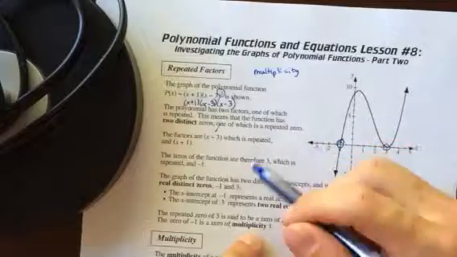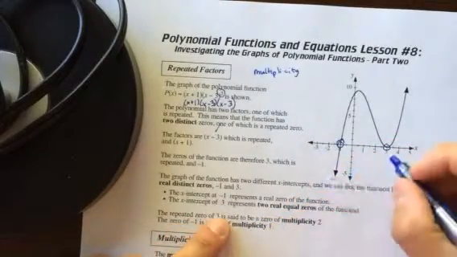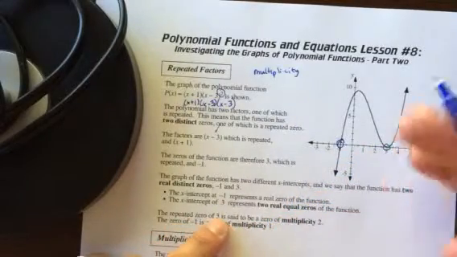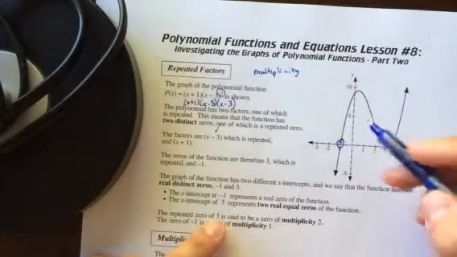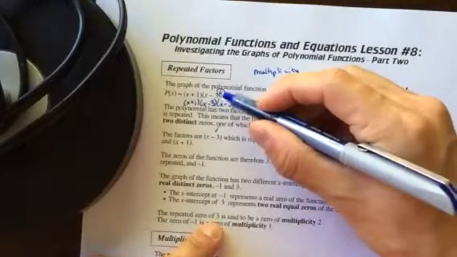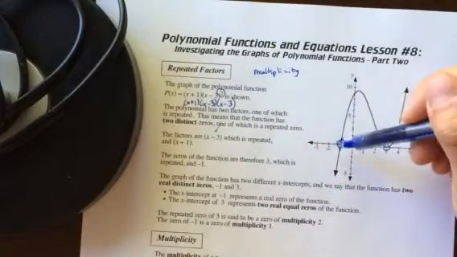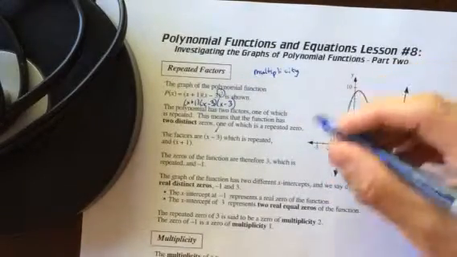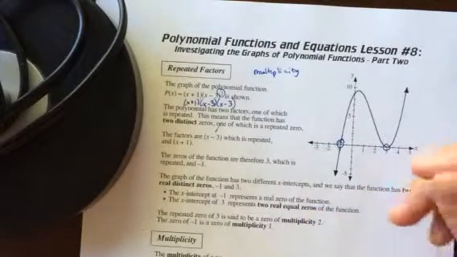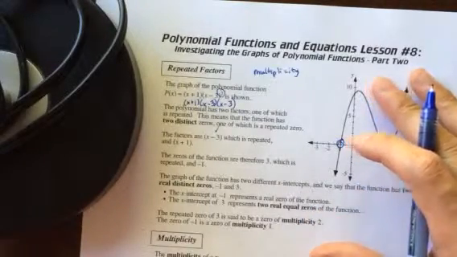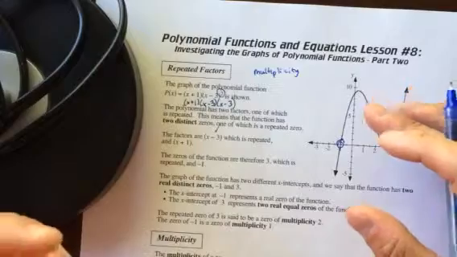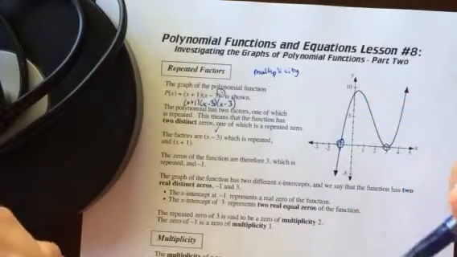In this case, where I have a repeated zero of 3, that means my zero has a multiplicity of 2. Where the zero was -1, there was only one zero there, so that had a multiplicity of 1. The multiplicity corresponds to how many times a factor is repeated.